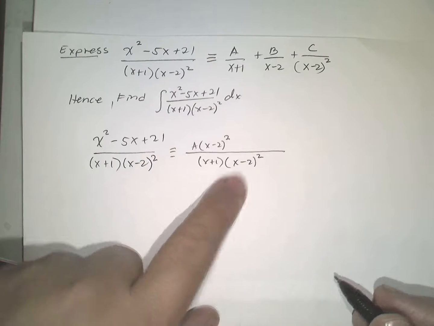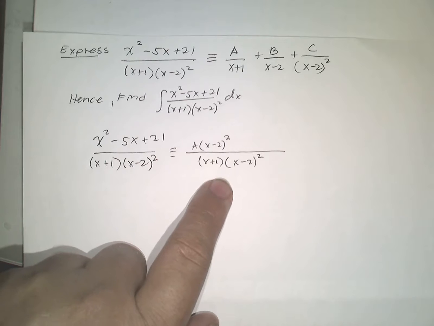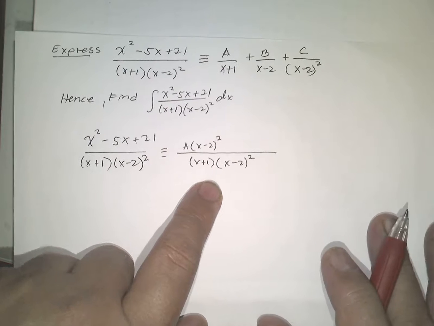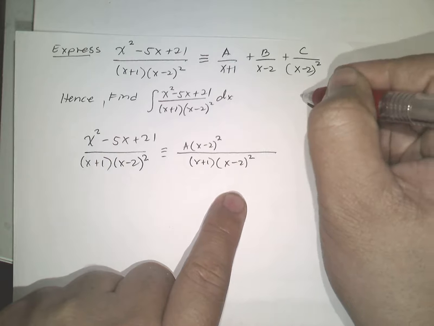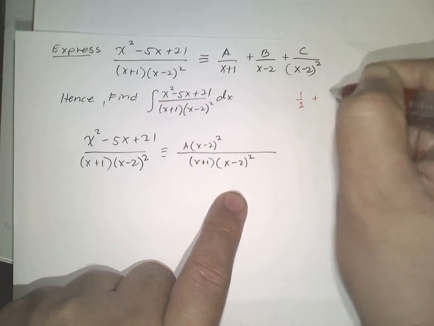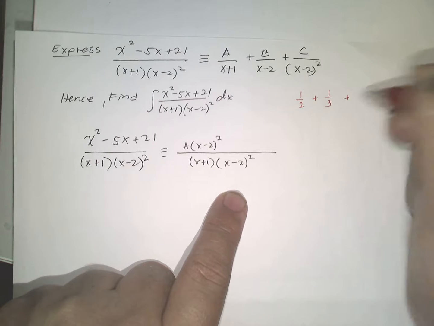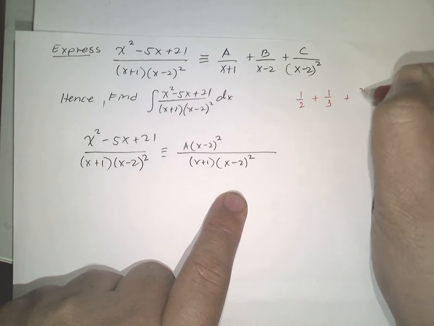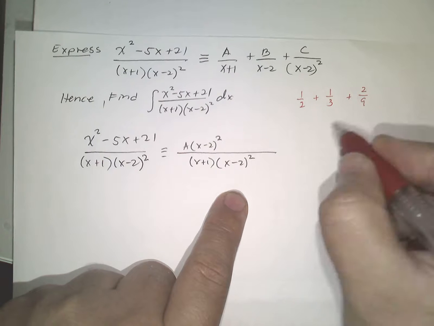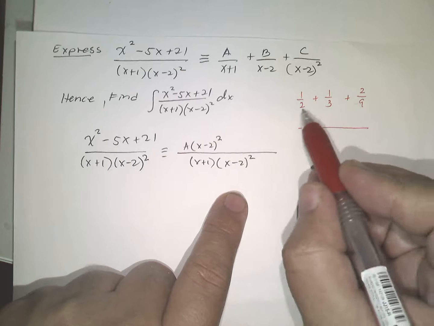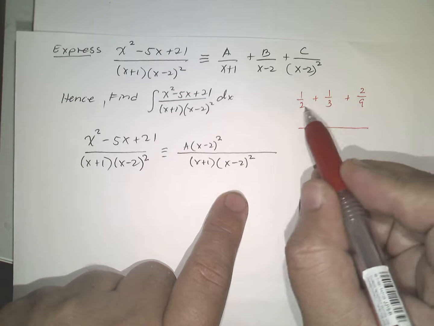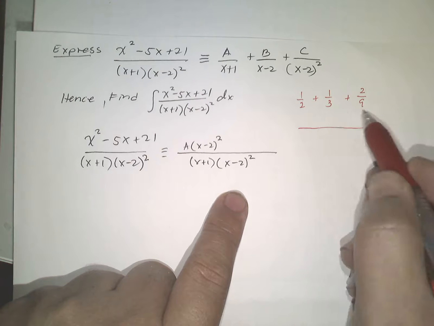Now, if you don't understand this, let's review our concept from primary school. Suppose we're adding 1/2 plus 1/3 plus 2/9. What we did in primary is look for the smallest number that can be divided by all of these numbers.